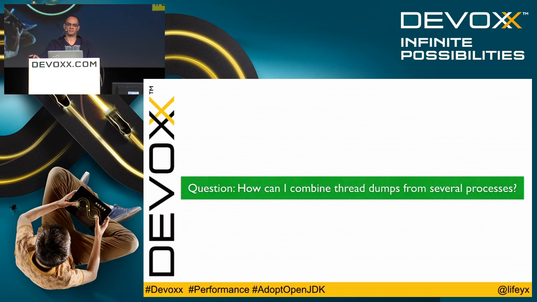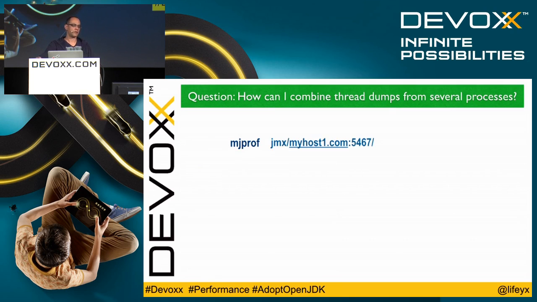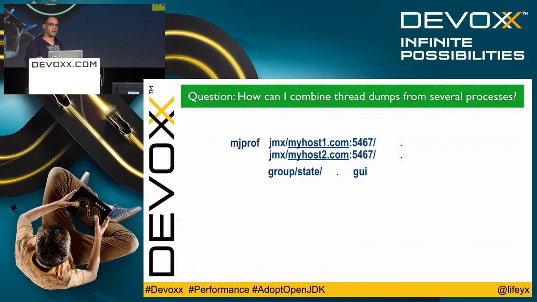As I said before, mjprof consumes many thread dumps, and what's nice about it is that you can consume thread dumps from different processes. For example, if you have 10 machines and you want to get an overall behavior of all your JVM processes, then you can do the following. You can connect to one of them and grab a thread dump, and connect to another one and grab a thread dump, and then you can group by any parameter that you want and display the result in some way.